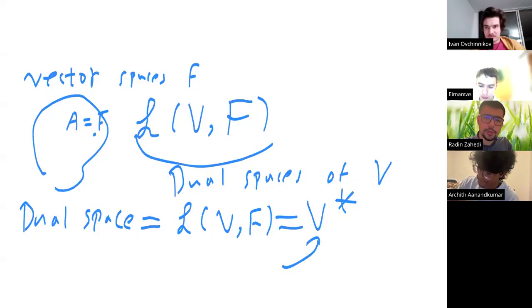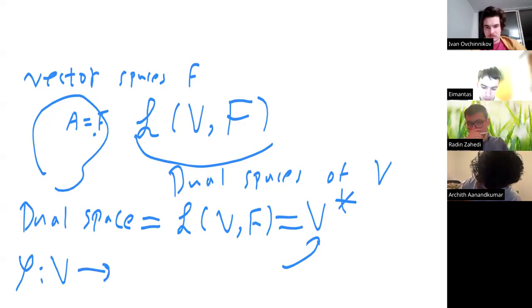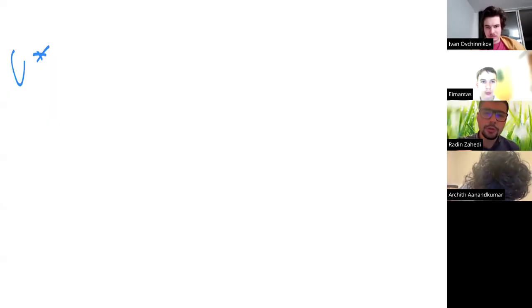So each functional is essentially a linear map from V to F. Let's figure out what this V star looks like. The first thing one could ask is what the dimension of V star would be.